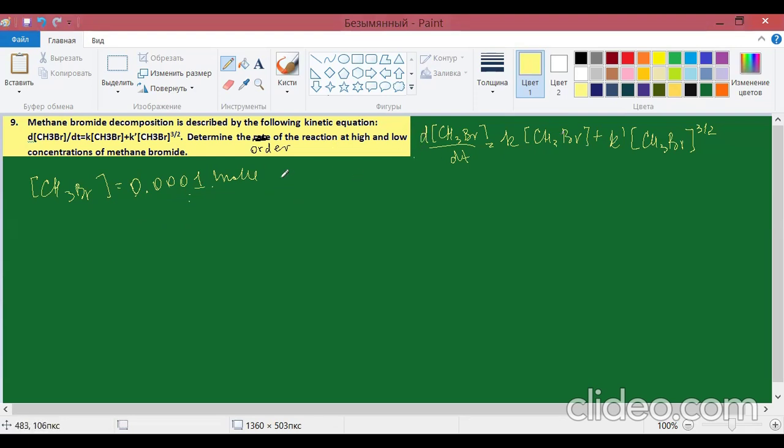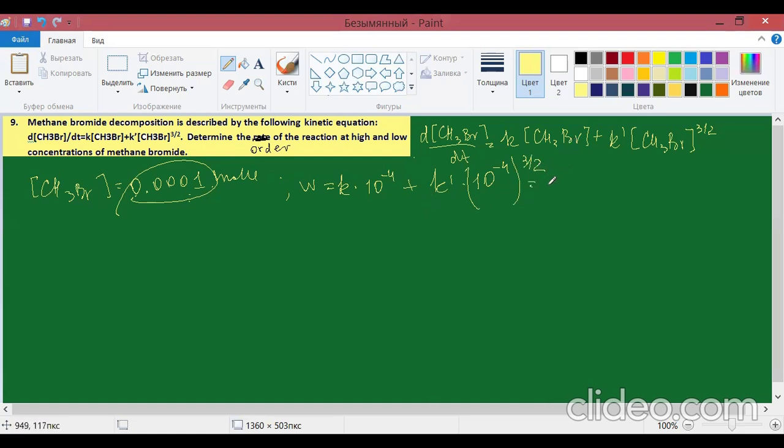We will get that W, or omega, it's another Greek letter, omega is equal to K times 10 raised to minus 4, plus K prime times 10 raised to minus 4, and all this raised to 3 halves.